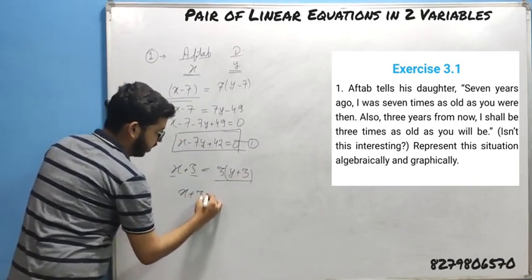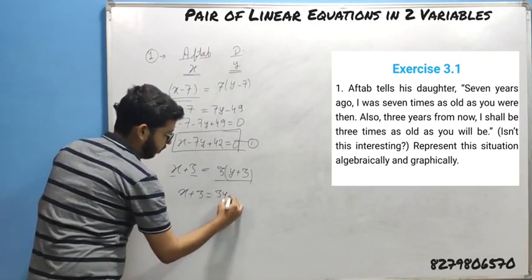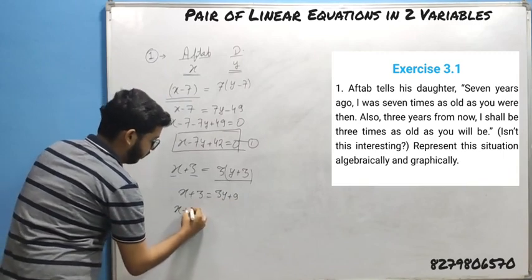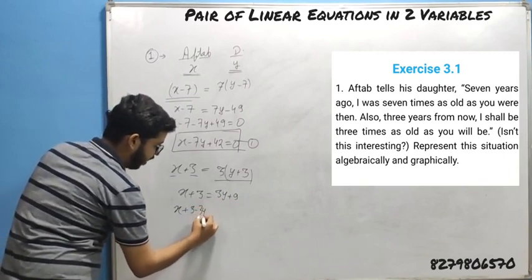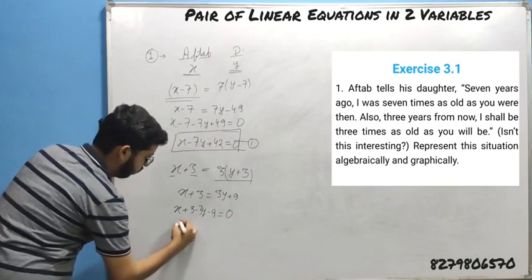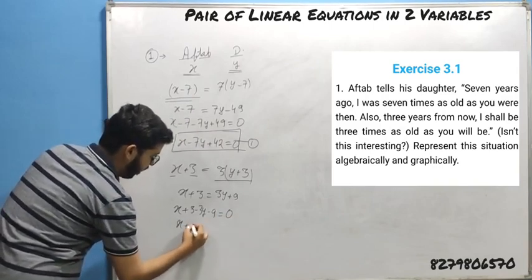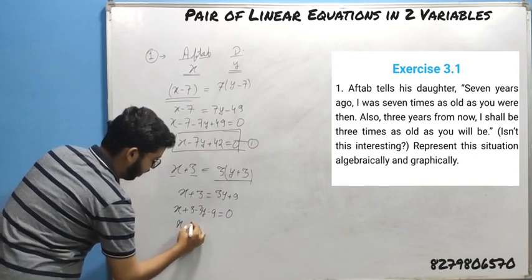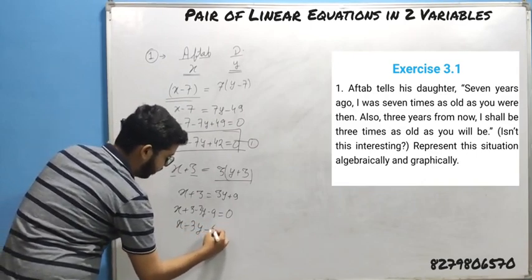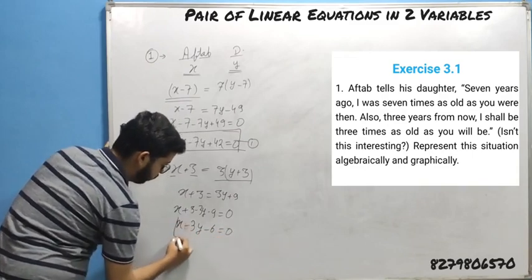So x plus 3 is equal to 3y plus 9. Now x plus 3 minus 3y minus 9 is equal to 0. So what will we get? x minus 3y minus 6 is equal to 0.